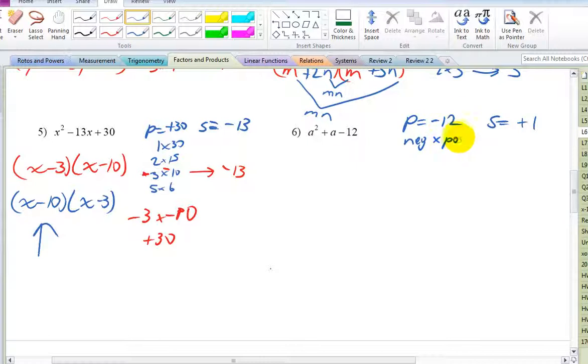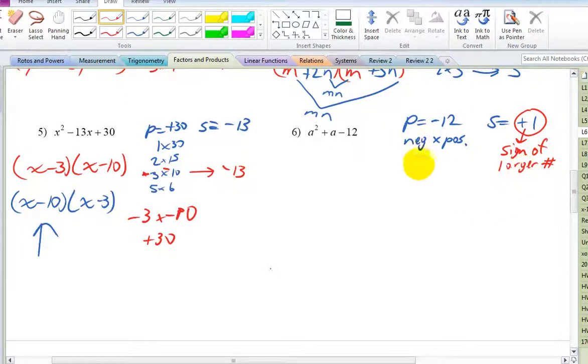Negative times a positive. Okay. And when you add things together, what does the positive sign tell us? It's the sign of the larger number. So we looked at that yesterday a little bit. If we want to end up with a +1, the biggest digit must be positive.